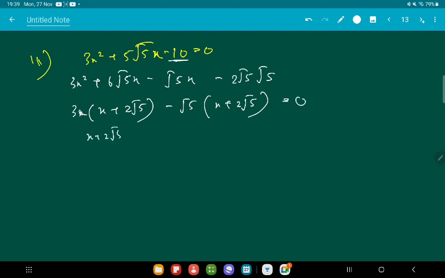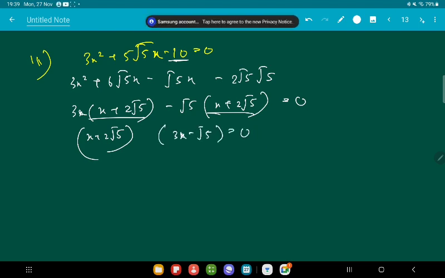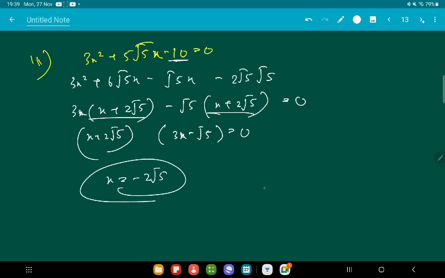So x plus 2 root 5 I am taking common, this is equals to 0. So what you will get as answer, minus 2 root 5 and root 5 by 3. These are your two roots for this quadratic equation.